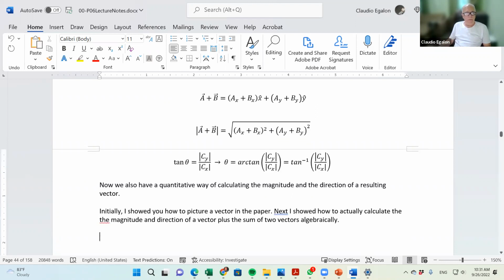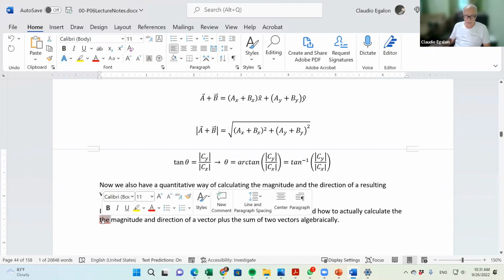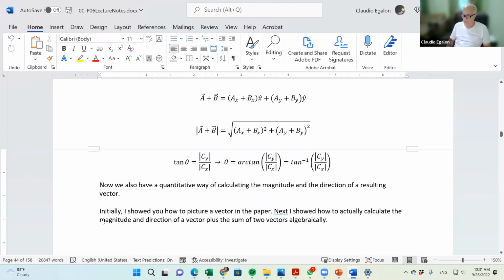So now you have this whole set of tools, graphical tools and algebraic tools, to visualize and determine a vector resultant and its direction.